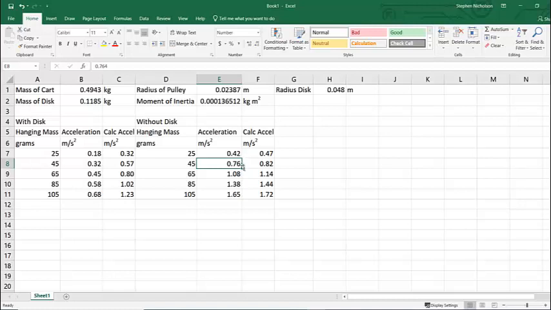So it's not surprising they're lower. They're pretty consistently lower by about 0.06. So the question is, why do these agree so well and these don't agree?